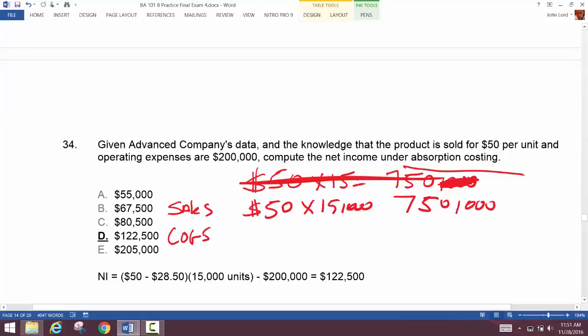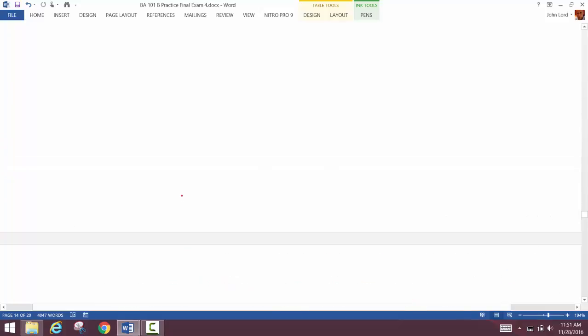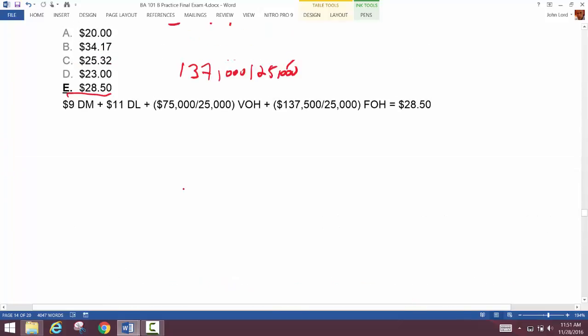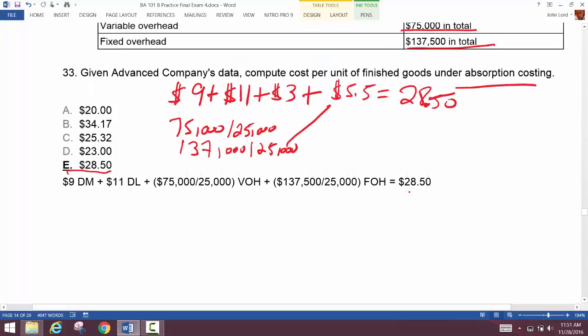So I'm using absorption, right? Am I using absorption? So should I pick up my product cost per unit here under absorption? Cost of goods sold would be the cost per unit times the number of units I sold, right? Okay.